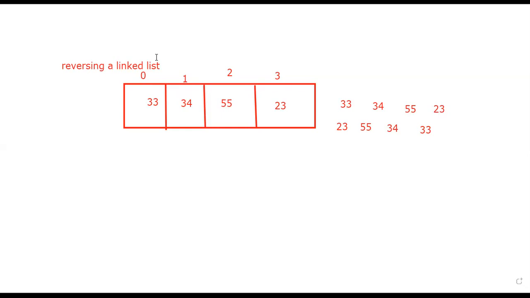So generally the logic for reversing the elements in an array is nothing but simply using the swapping procedure. Already you know about swapping. So swapping means what? Just simply exchanging the values based on mutual understanding.